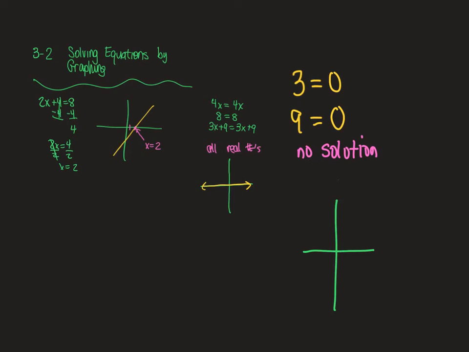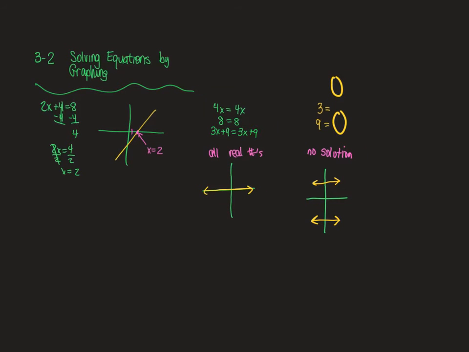So no answers, what would that look like? Well, it would be a horizontal line, maybe above, maybe below, that doesn't ever touch the x-axis. So it's parallel to the x-axis and it's never going to touch. So no solution never touches. All solutions is the x-axis, and every other answer is going to hit the x-axis once.